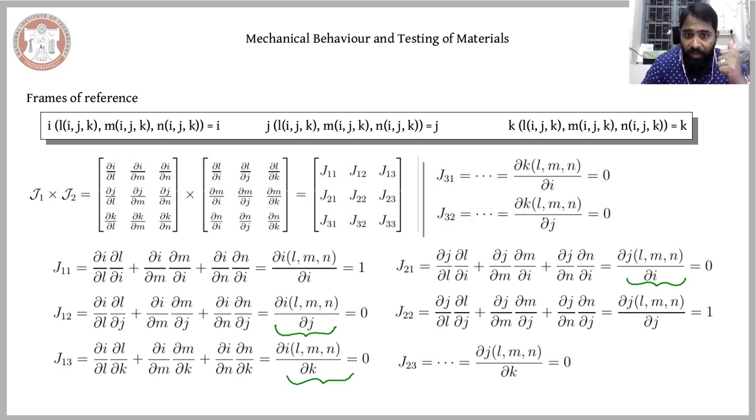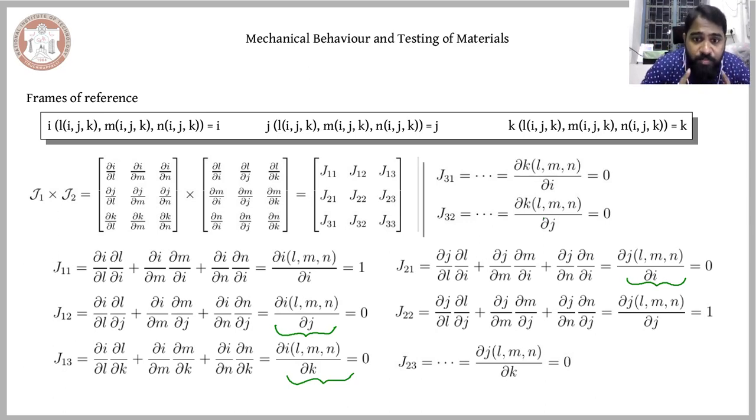So I have a coordinate system i, j and k: when the change in i does not influence the change in j, when the change in i does not influence the change in k, and so on and so forth. When I consider a coordinate system, the change in one basis does not affect the change in another basis. Only then will I be able to show that the product of the Jacobians is the identity matrix, and ultimately the two coordinate systems are inverse of one another.